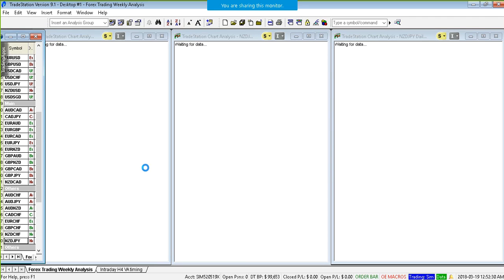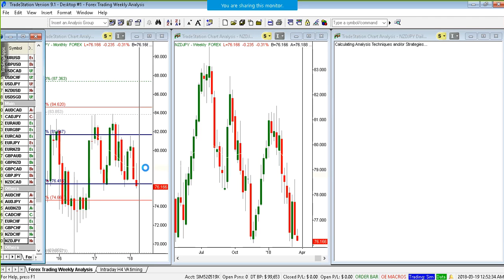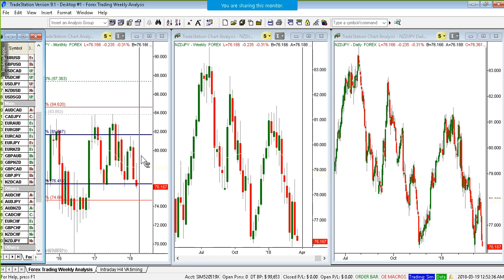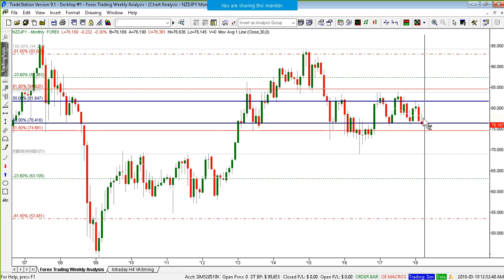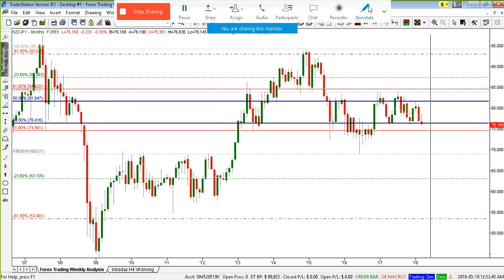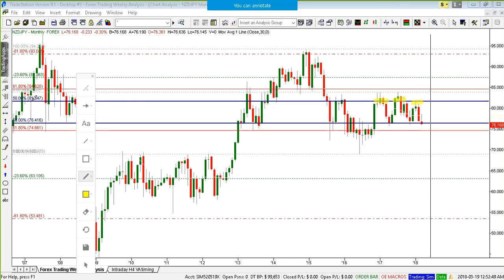And finally, the New Zealand dollar, Japanese yen. This market here, with the strength in the Japanese yen and the weakness in New Zealand dollar, has basically helped price lower. We knew that this price had already traded twice and three times the resistance 81.64.